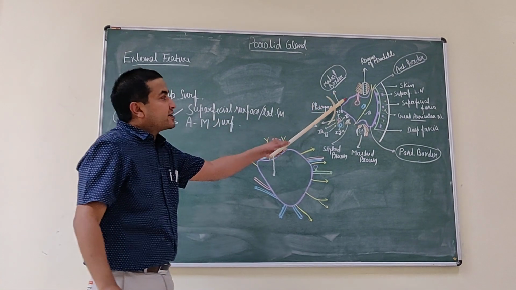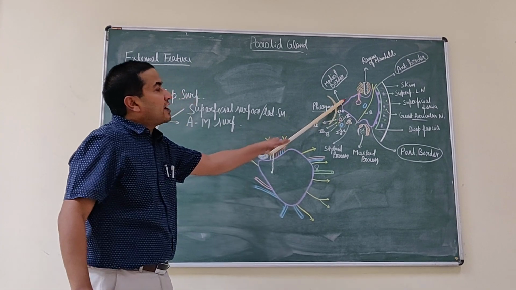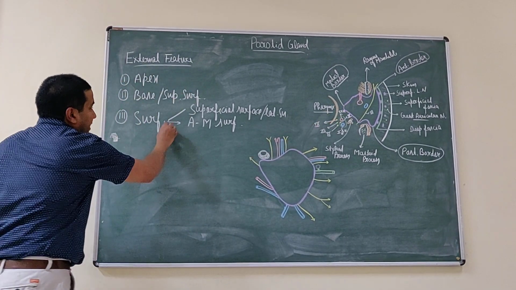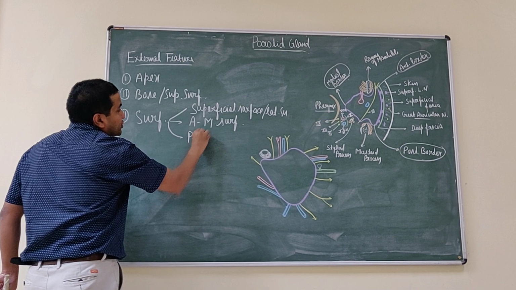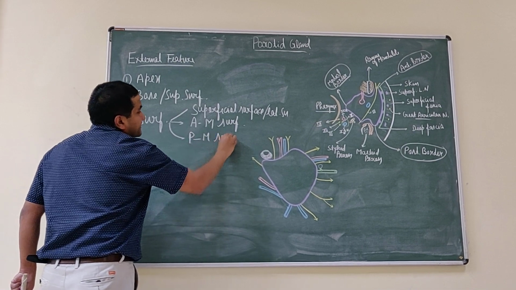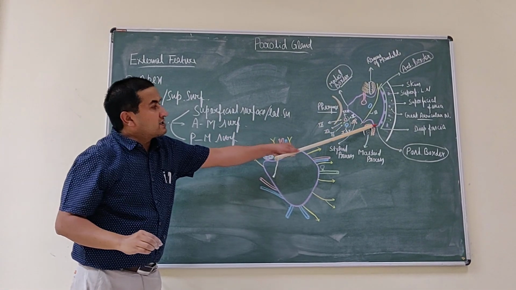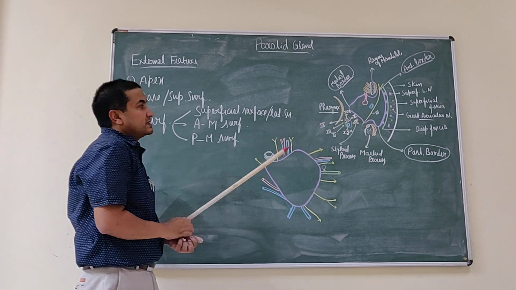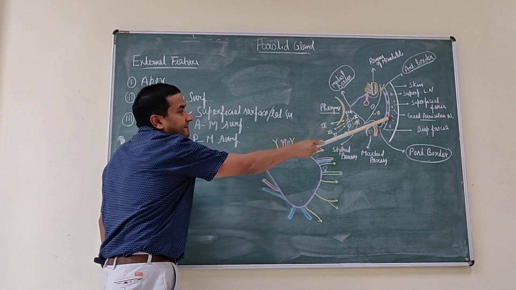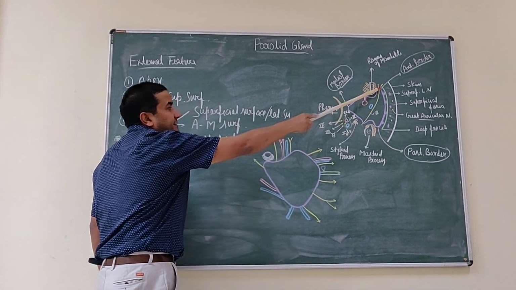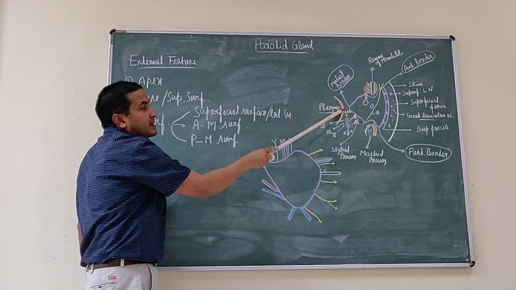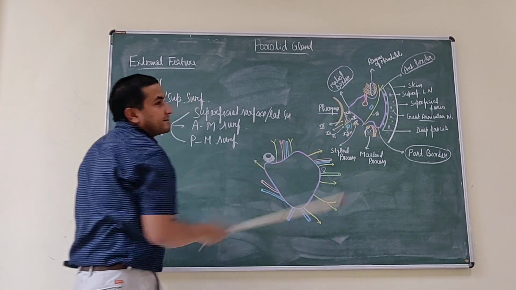The name indicates it is directed anteriorly. This is the anteromedial surface. Then it is the posteromedial surface. In this diagram, this is the lateral surface, superficial surface. In front, this is the anteromedial surface, and this is the posteromedial surface.